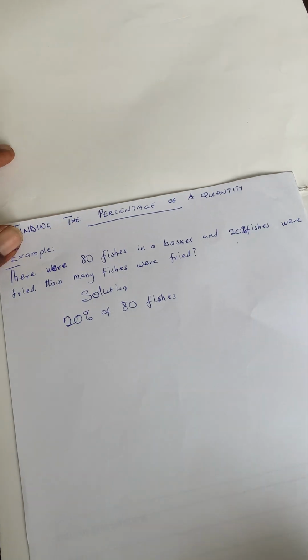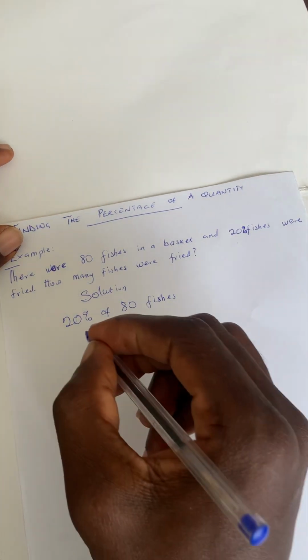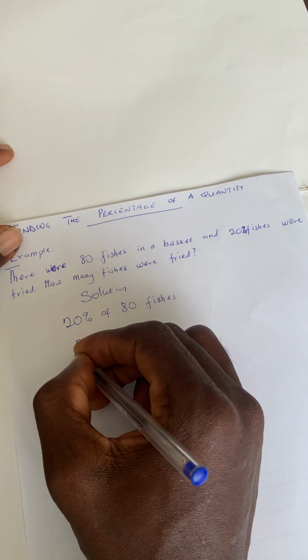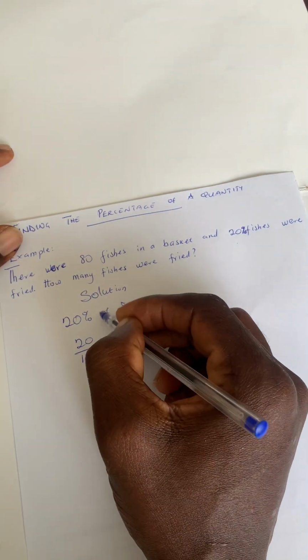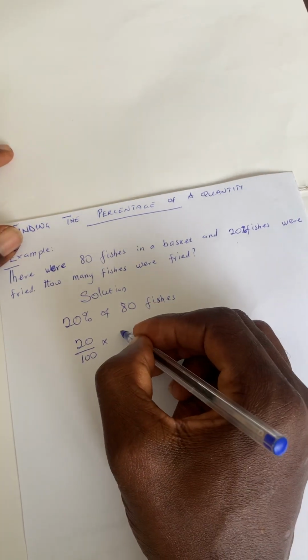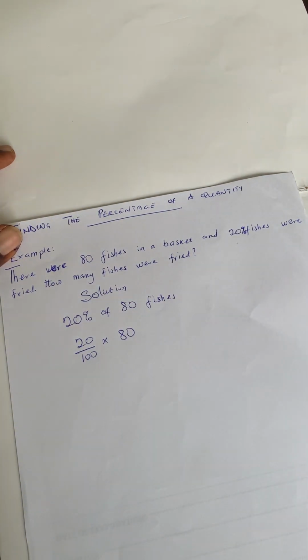Now, the 20% can be written as a fraction, and that is 20 over 100. Times of implies multiplication, so times the 80 fishes.